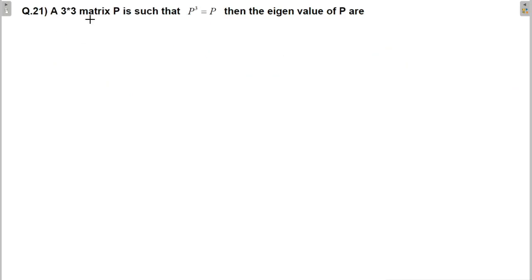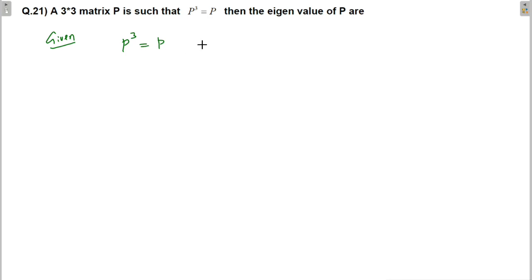In 3 cross 3 matrix P, given that P power 3 equal to P, right? So the given matrix is a 3 cross 3 matrix. This satisfies the cubic equation. So definitely you can take, suppose the order of the matrix is the same as the order of a polynomial, means you can take that polynomial to be a characteristic polynomial of the given matrix.